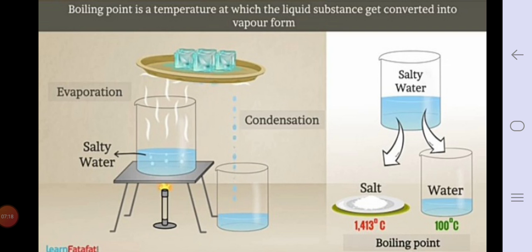Now we'll see further. Did you ever see water drops condensed under a plate that has been used to cover a vessel containing milk that has just been boiled? After all the water has evaporated, what is left behind in the kettle? We have thus separated salt and sand from water using the processes of decantation, filtration, evaporation and condensation.